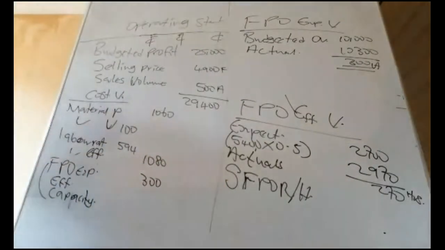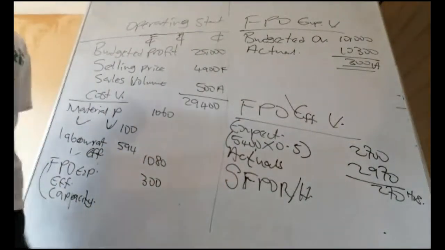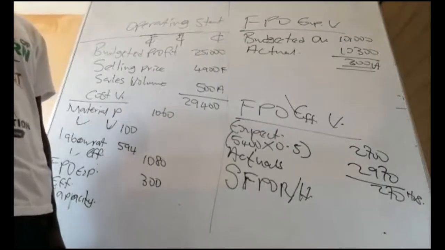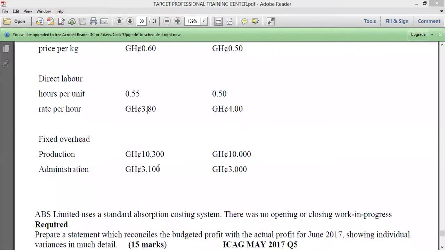So let's go and calculate it. The total cost, there are so many ways of getting it, but let's see the simplest one. The standard production cost, or the budgeted production cost, is 10,000.